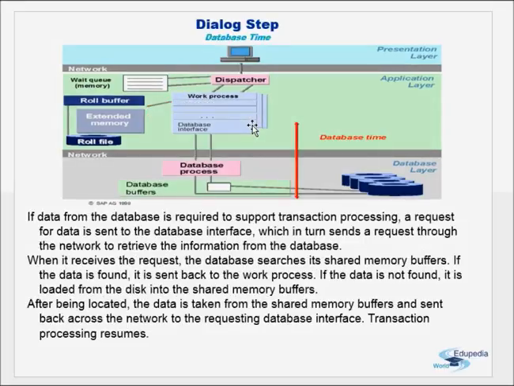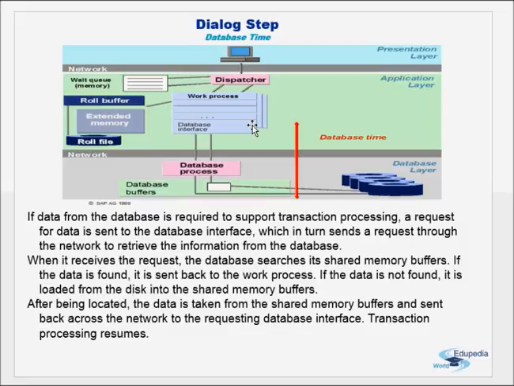Now the next one is the database time. This is a very important component. The database is required to support transaction processing. A request for data is sent to the database interface, which in turn sends a request through the network to retrieve the information from the database. When it receives the request, the database searches its shared memory buffers.